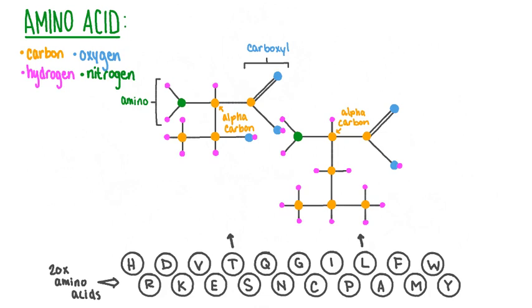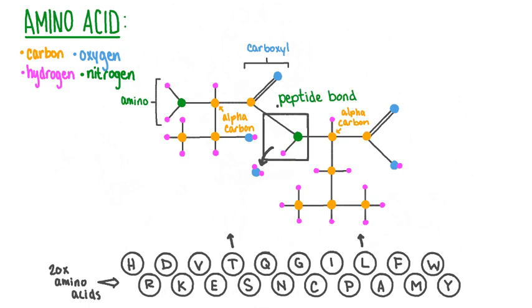When 2 amino acids bond together, a condensation reaction, also sometimes called dehydration synthesis, occurs between the amino group of one amino acid and the carboxyl group of the other. The atoms rearrange. 1 oxygen and 2 hydrogen atoms are released, and they bond together to form one molecule of water.